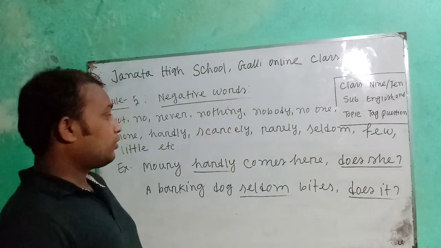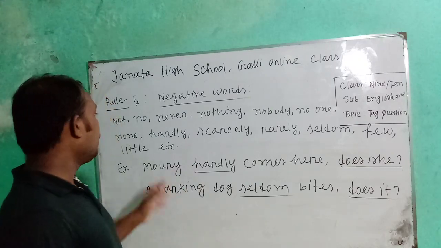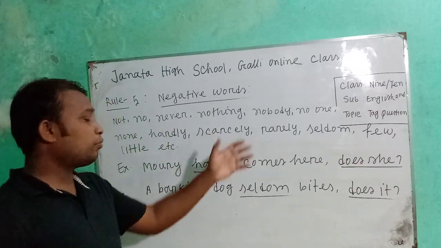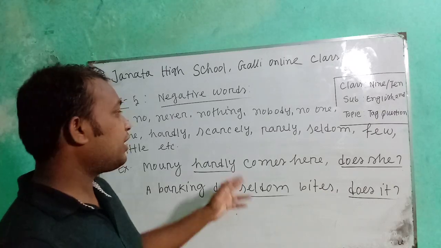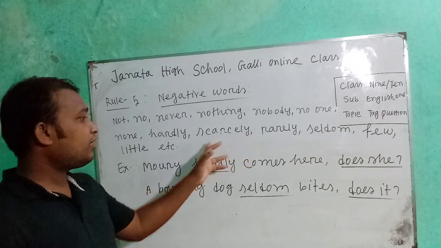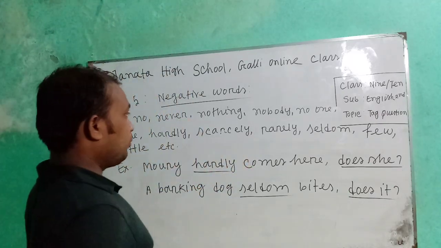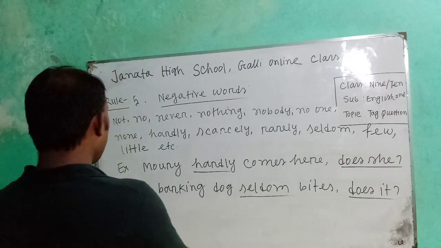Okay, so I think this rule is clear to us. If we find any negative word in the sentence, we have to make it affirmative. These words are considered as negative words. Okay, now I will go to the next rule.